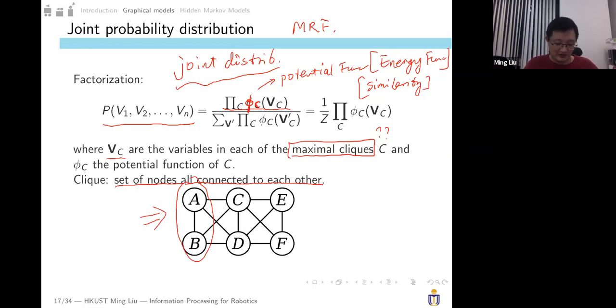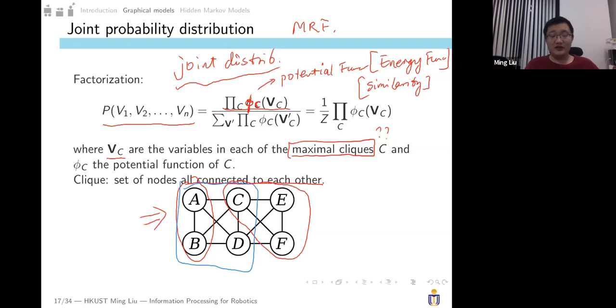Or C, E, F, they're interconnected. Or this A, B, C, D is also a clique because they are all interconnected.